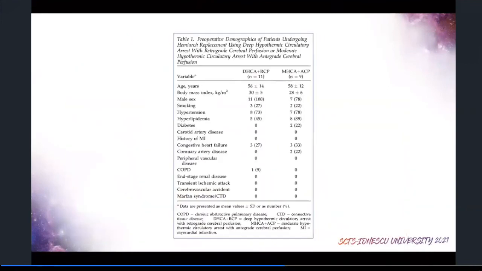This table demonstrates the demographics of the two groups, and essentially they were equivalent in terms of age, sex, other comorbid conditions, the presence of CHF, CAD, and COPD, and other neurologic risk factors.